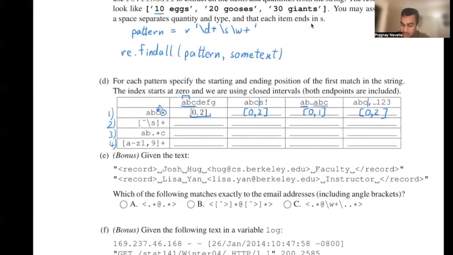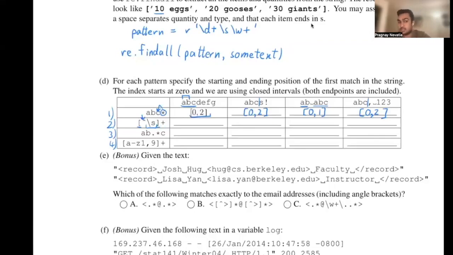So here, this seems more complicated, but let's break this down. You have this character class, and you have this caret sign, which basically means that you want to match everything but what is inside this character class. And what is inside this character class is a space character. So you want to match everything until you encounter a space character. And since there's a plus sign, you basically keep on going.